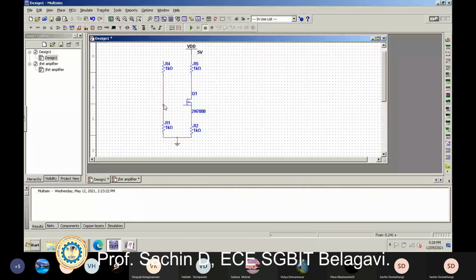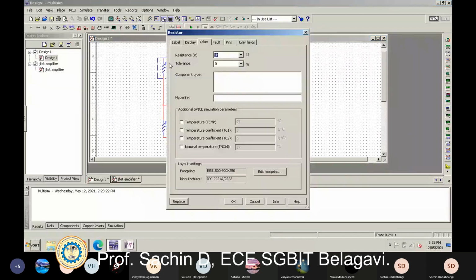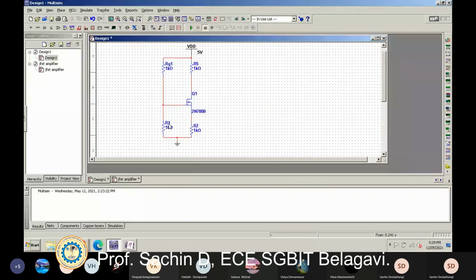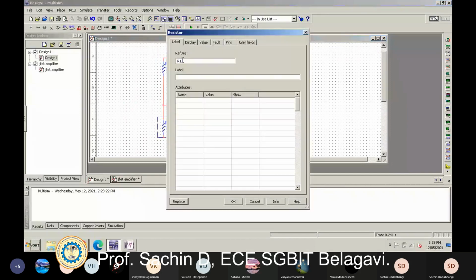For your convenience, I'll change this. I label this R4 as RG1, so that you should not get confused. It is RG1, and this is RG2. And I will write the component values also for RG1 and RG2.